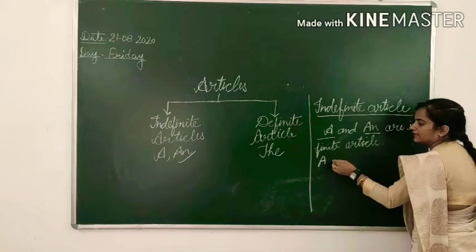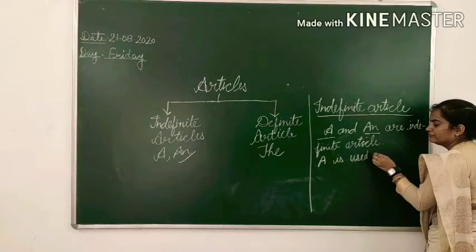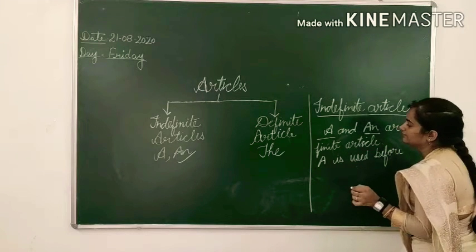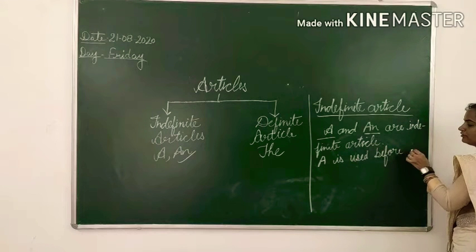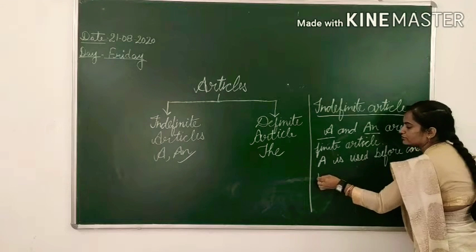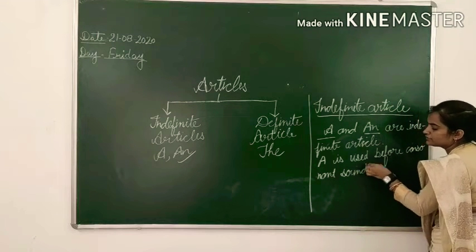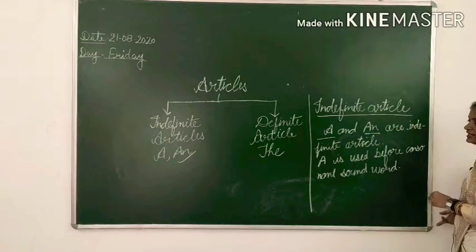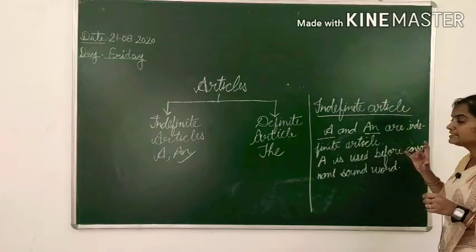A is used before, do you know now? All the determiners are used before the noun word. A is used before consonant sound word. I am not saying about consonant word. It will be used before consonant sound word.